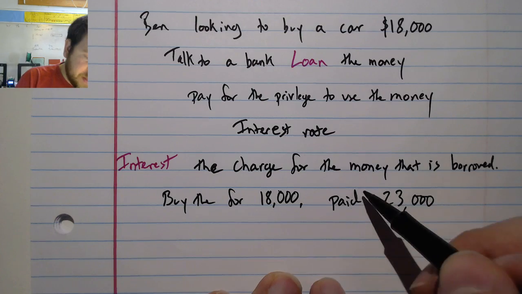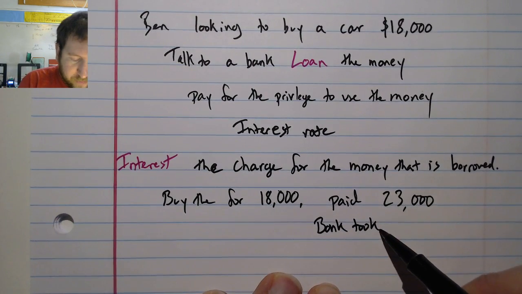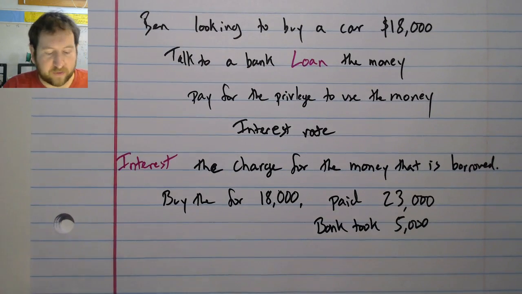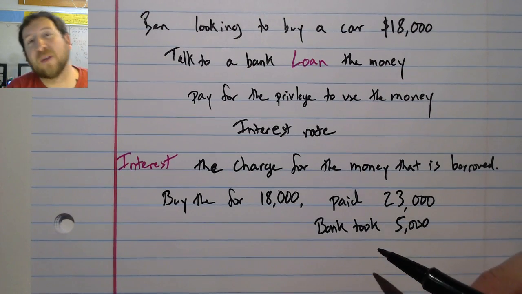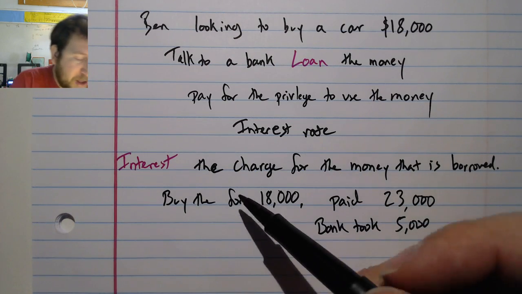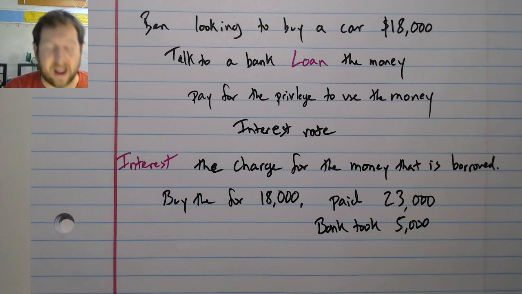Well, no. The bank took $5,000 over the course of a year, 5 years, 10 years, for that privilege of lending him money. Because some people borrow this money and then don't pay it back. So the bank needs to make up money for this risk that they take on to lend money.